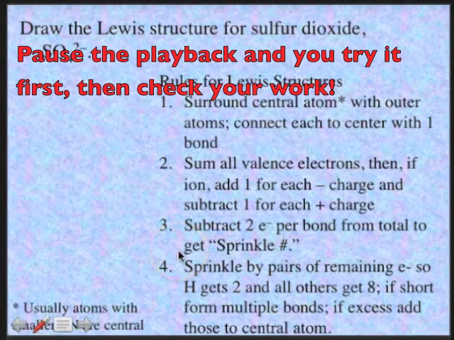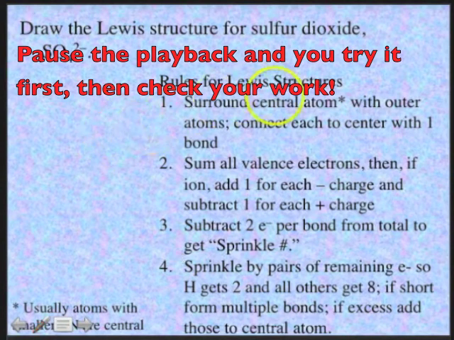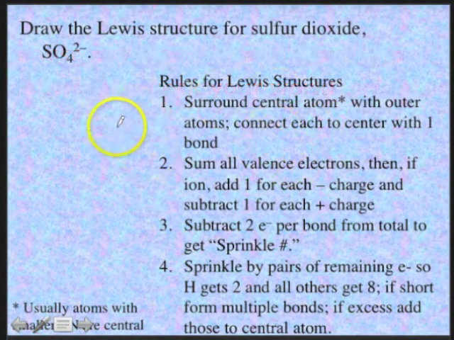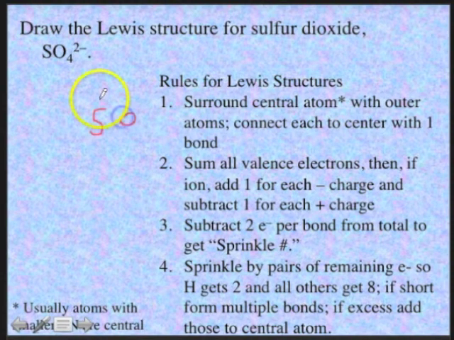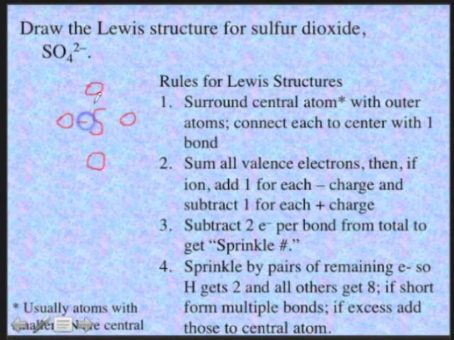So let's draw the Lewis structure for the sulfate ion, SO4 2-. Sulfur is our central atom, so we'll write sulfur and put 4 atoms of oxygen around the sulfur, and we'll put a single bond between each oxygen and sulfur, like that.